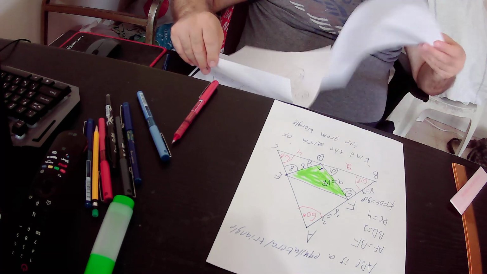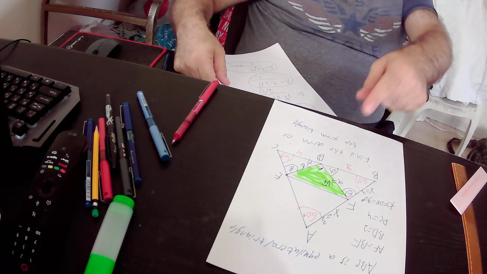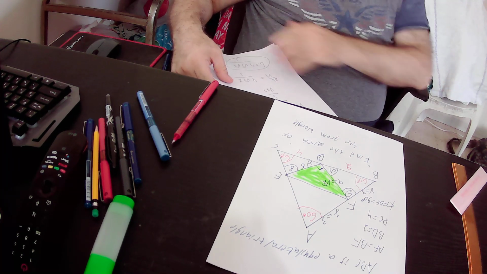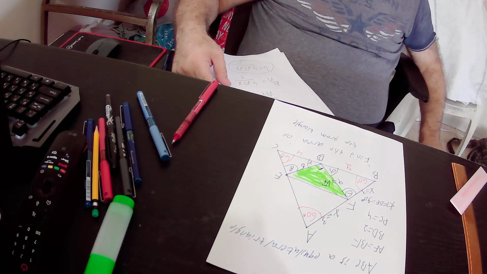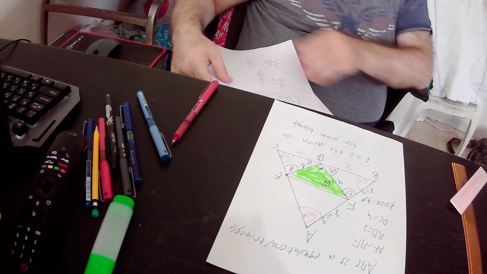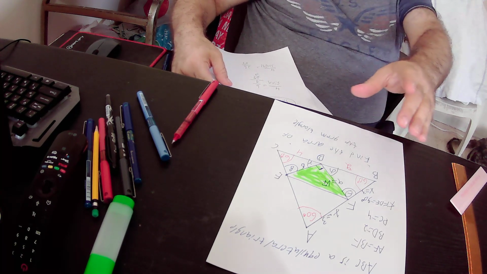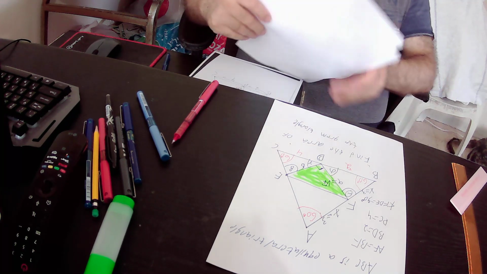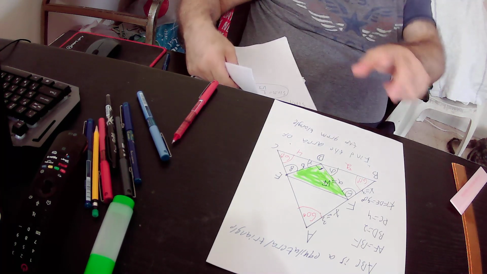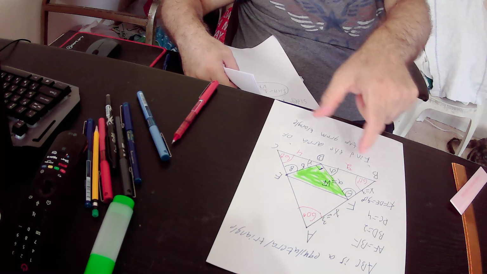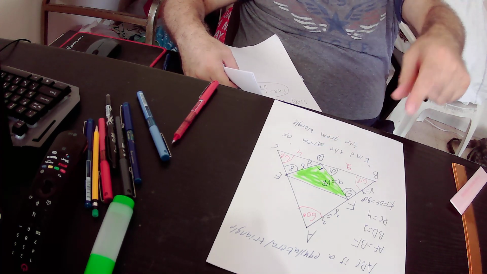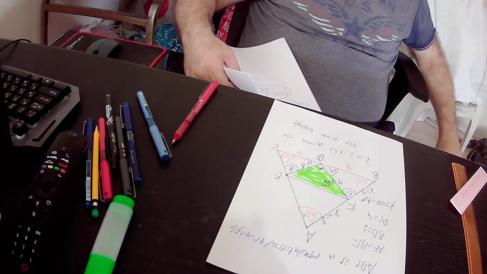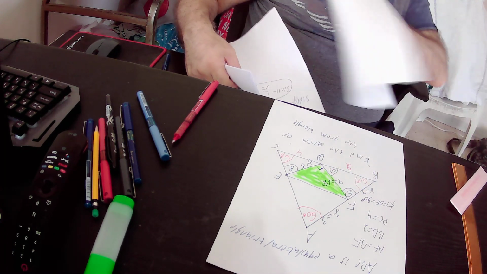Actually, we wanted to find out the area of the green triangle. We have here an equilateral triangle, and we know that the size of BD is 2 units and the size of DC is 4 units, and AF equals BF.